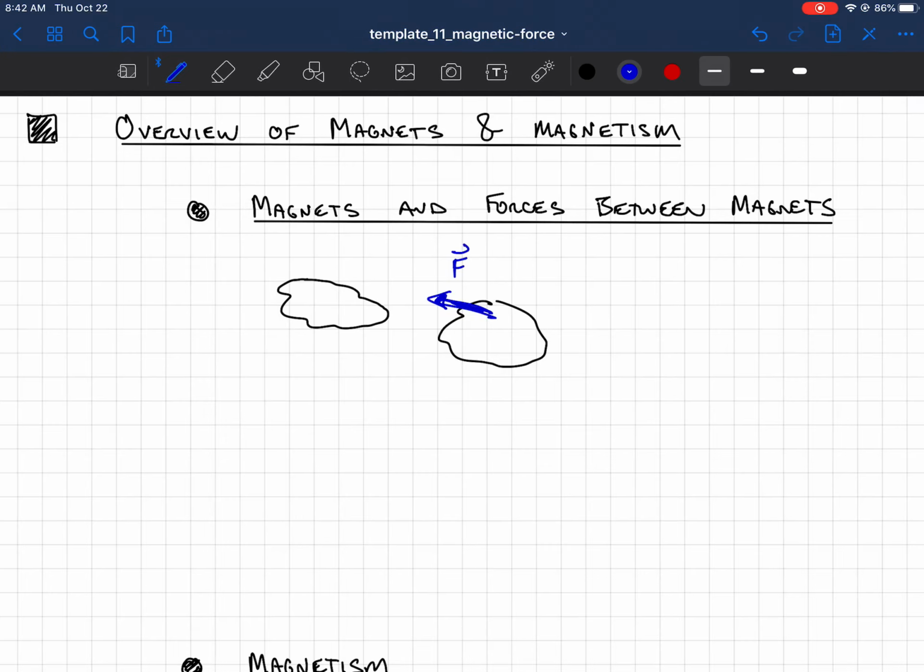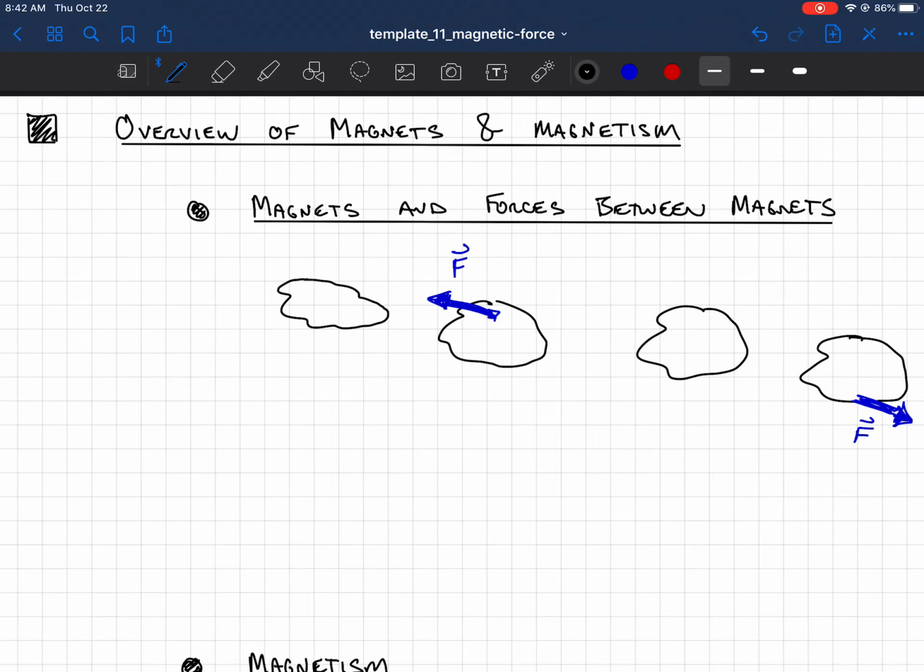And it turned out that if you do some experiments, you could arrange these rocks in a different way such that the second rock would be repulsed by the first rock.